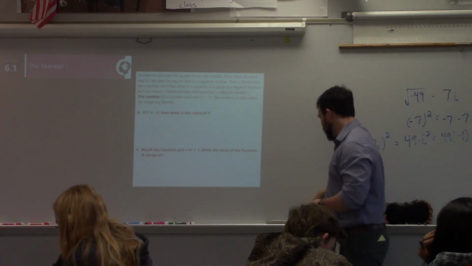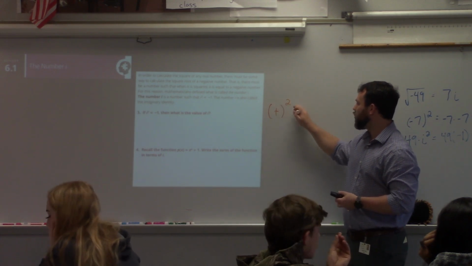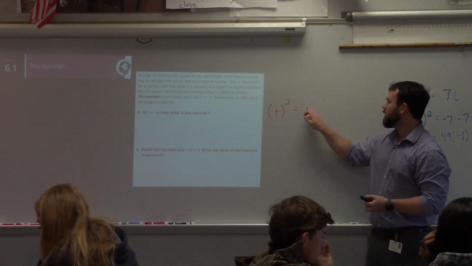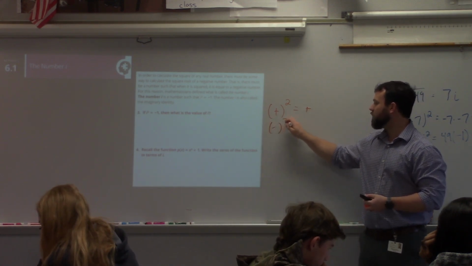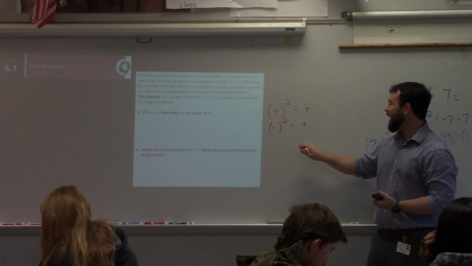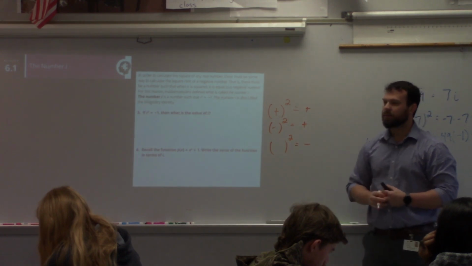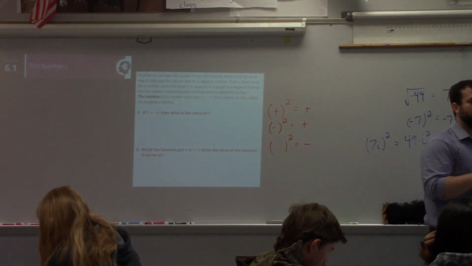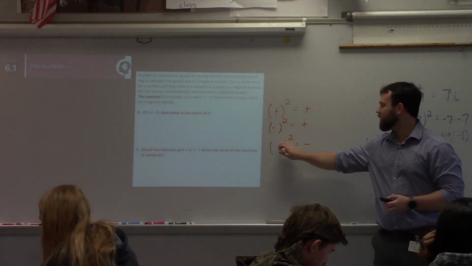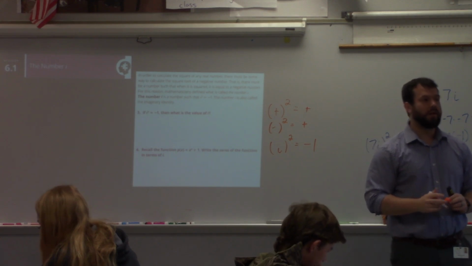Remember, the whole issue was: if I take a positive number and square it, I get a positive number. If I take a negative real number and square it, I get a positive number. So I need something that when it's squared gives me a negative. Mathematicians defined i so that i squared is -1. That's the whole thing. i squared is -1.